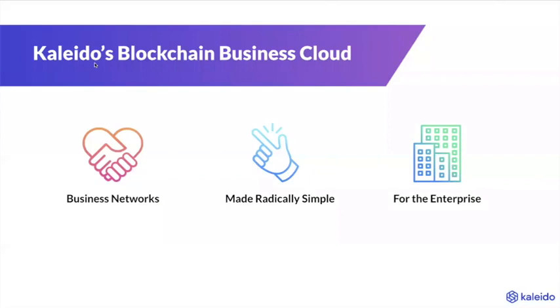So getting started at a high level, Kaleido has three key definitions, characteristics that encapsulate the platform. One, built for modern business networks, so very agnostic to use case and industry, applicable to financial markets, healthcare, supply chain, government, public, private sector, you name it.